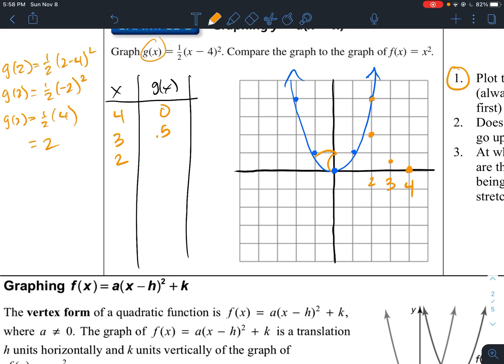Okay, so you should notice that for the output for f of x, it was 0, 1, and 4. You can see that these outputs are divided by 2 or multiplied by 1/2. Okay? So then our graph should look like this.